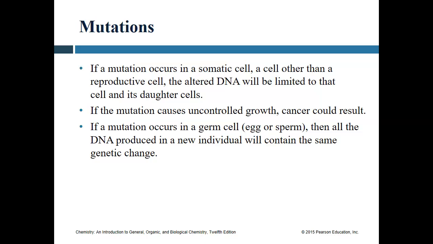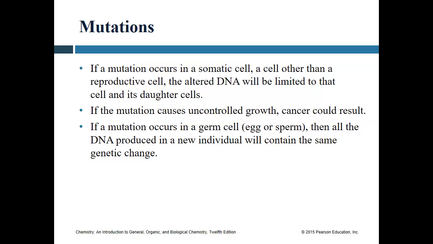So if it is a function of your reproductive organs having issues, especially for men, since men generate many sperm a day, if a mutation happens in the genesis zone, all of the sperm could end up with that mutation. If it's just an individual sperm, it wouldn't really make a difference unless that sperm happened to fertilize an egg and conception took place.